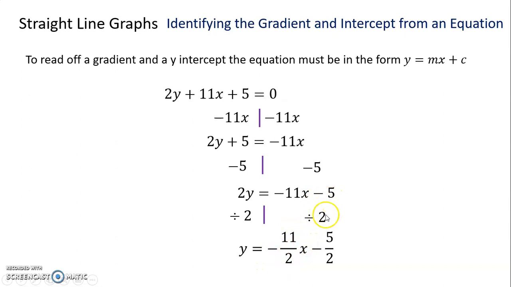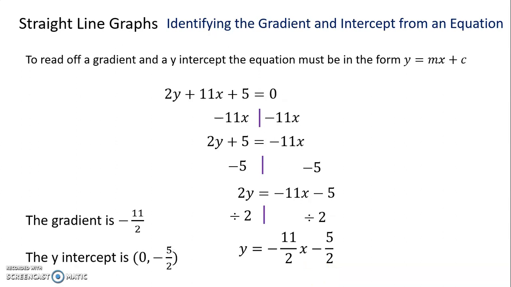And then negative 5 divided by 2, well, that's just negative 5 over 2, so I can leave that as a fraction. And now I can read off that the gradient is negative 11 over 2, and that the intercept is 0, negative 5 over 2. So just because the numbers are really nasty doesn't actually make this more difficult, just leave it as a fraction.